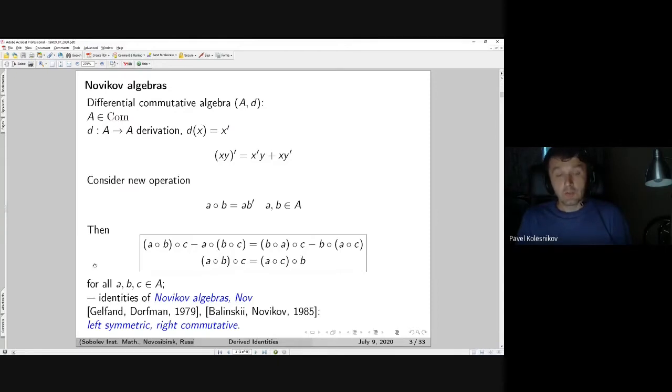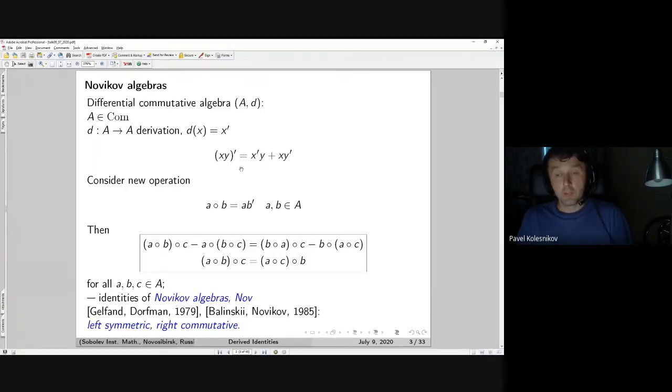Another class which is less known but crucially important for my today's talk is the class of Novikov algebras. There is a very simple thing. If you consider a commutative algebra with a derivation, which is just a linear map that satisfies the well-known identity from the basic calculus course.